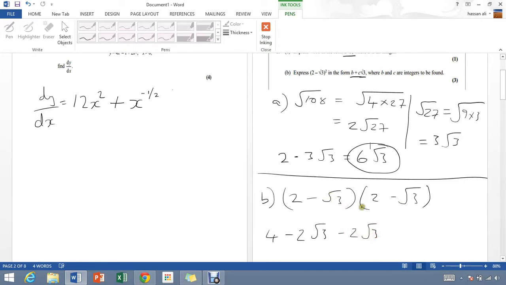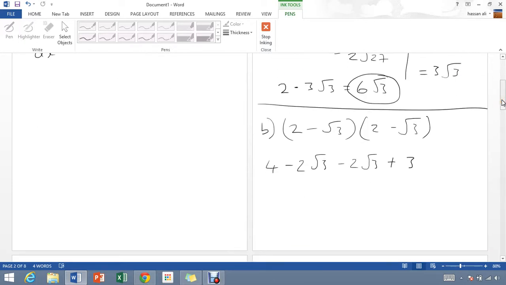Now remember, root 3 times root 3, when you've got two same numbers, they'll just give you the number inside. They cancel out. So root 3 times root 3 will give you 3, and because you've got two negatives, that makes a plus. So if I simplify this, 4 plus 3 is 7, minus 2 root 3 minus 2 root 3 is just minus 4 root 3.